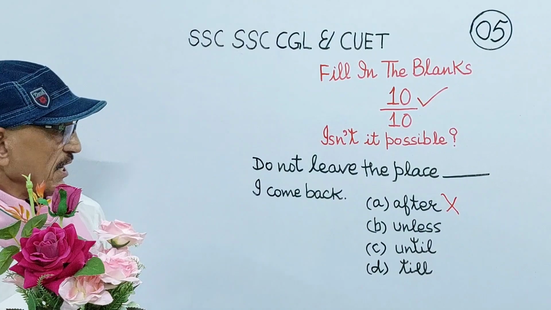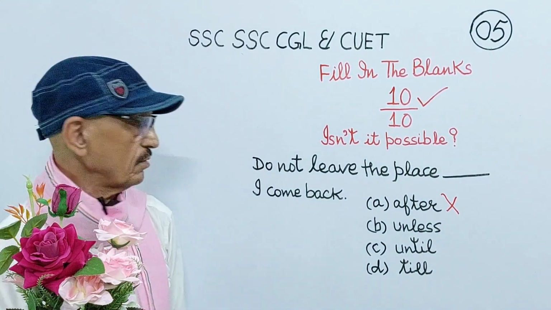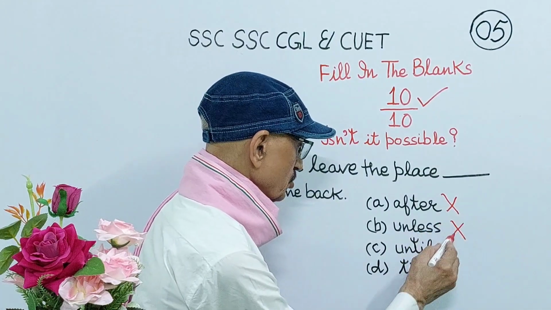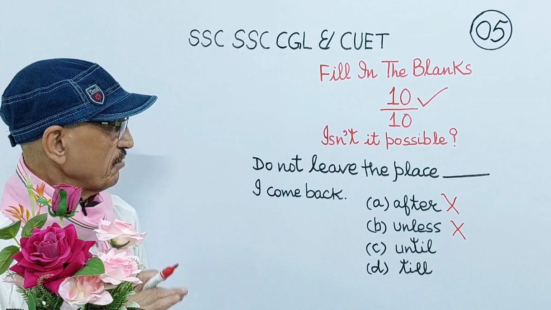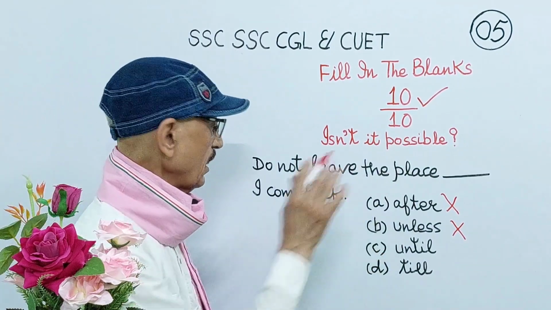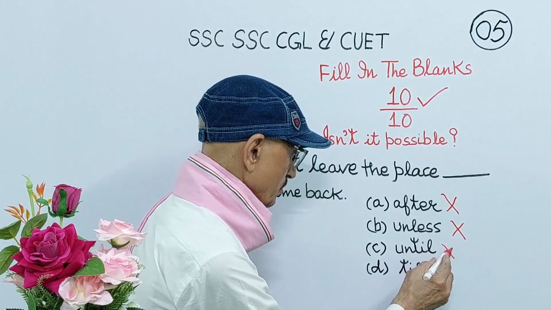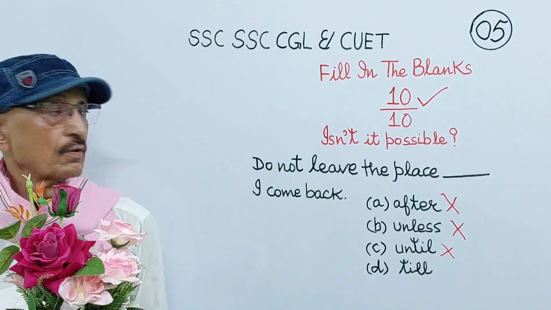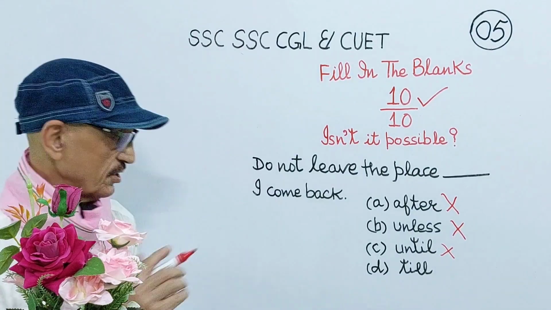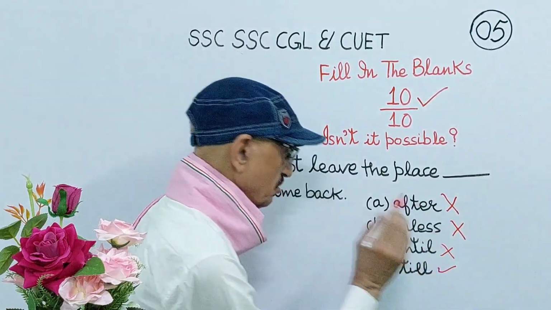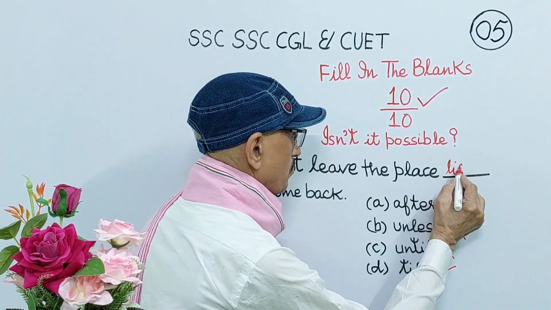Do not leave the place unless I come back. No, unless shows condition. Do not leave the place until I come back. No, this is wrong. Do not leave the place till I come back. Till is a correct conjunction here. Till.